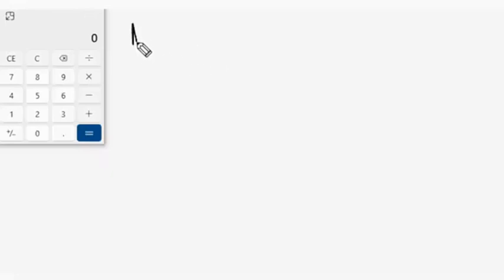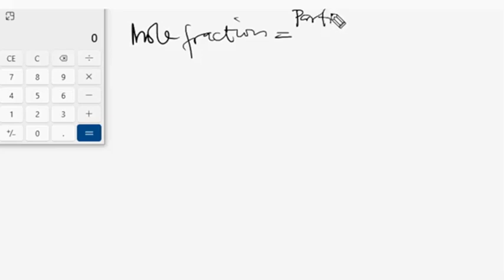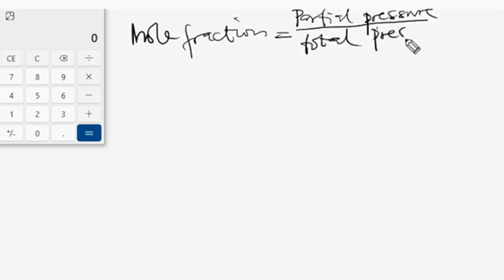So mole fraction will be partial pressure over total pressure. So take note of this. Mole fraction is partial pressure over total pressure.